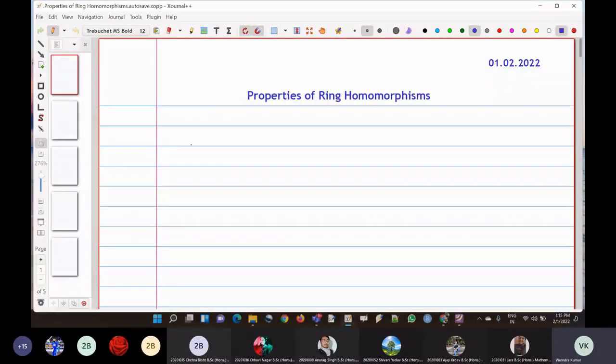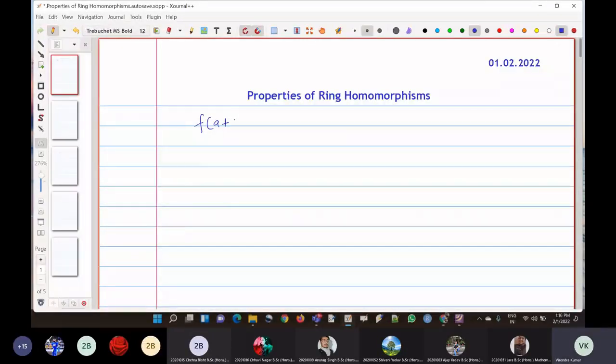Yesterday we were talking about ring homomorphism. We have seen that because there are two operations involved in a ring, we need to verify two properties to claim that a given mapping is a homomorphism.